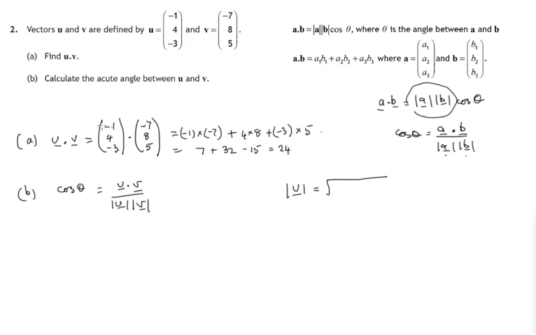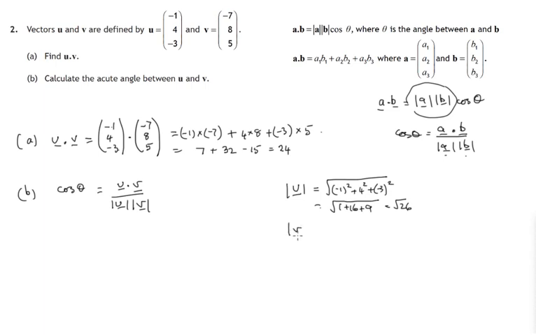First one is the length of u. Now remember, the length of a vector, we square each of the components and add the result. So we've got -1 squared plus 4 squared plus -3 squared. And that gives us the square root of 1 plus 16 plus 9, which is the square root of 26.